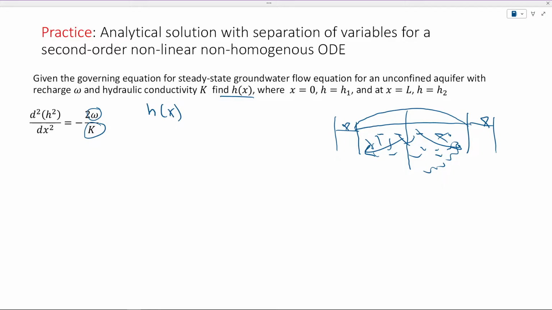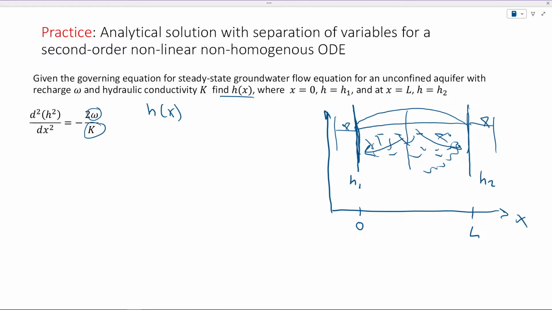So at this one, the boundary condition is given as h1, and this is your x. As x equal to 0, you get h1, and as x equal to L, you get h2.